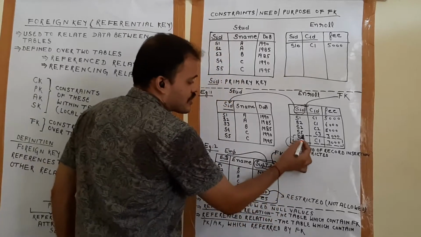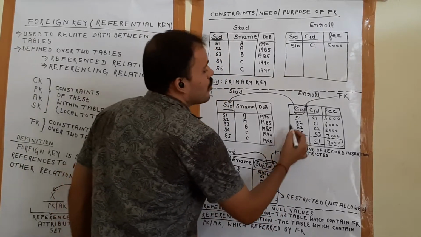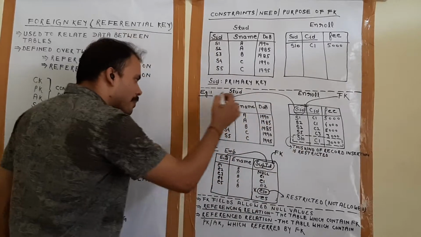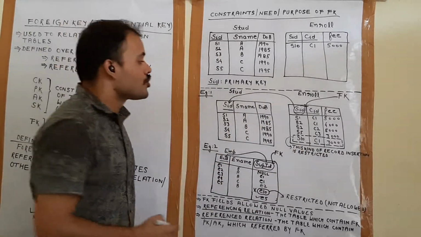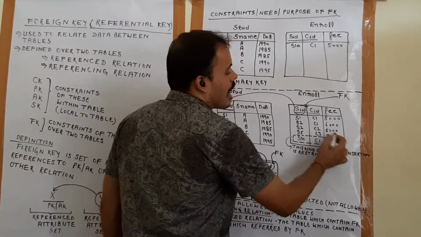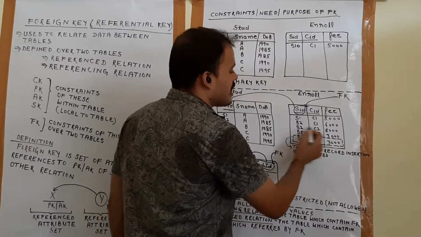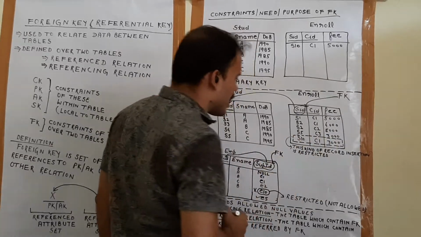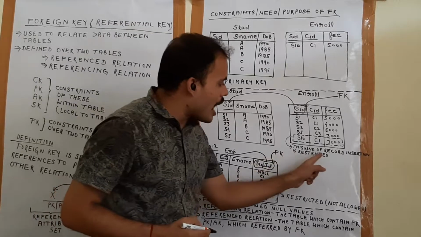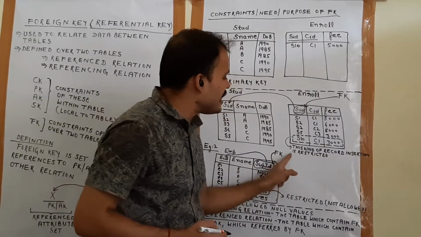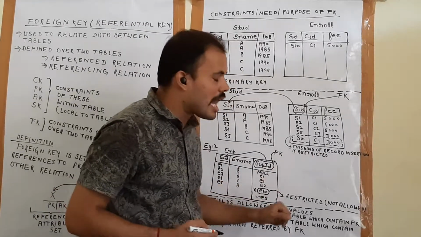So here S10, which is enrolled in the enrollment table, does not belong to the student table, so this record is not allowed here. This kind of record insertion is restricted, not allowed.